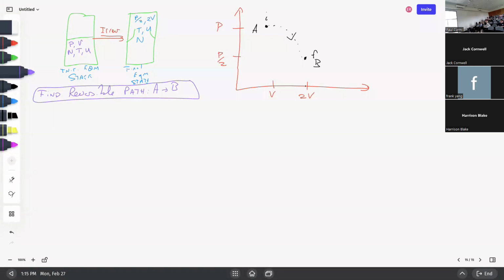What's a reversible path from A to B? Carnot, good, yeah. What else? Isothermal, yeah. What else? It may not be possible to do it isothermally, but let's leave that open. In fact, it is isothermal. We've got temperature constant. Isothermal's an easy one. What else could I do?